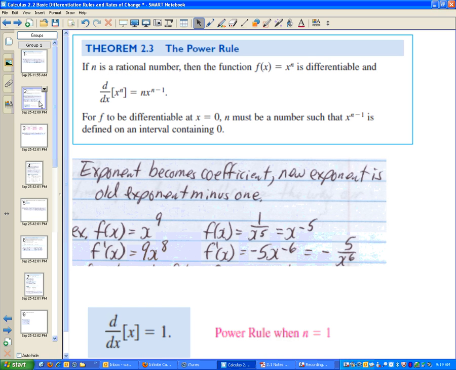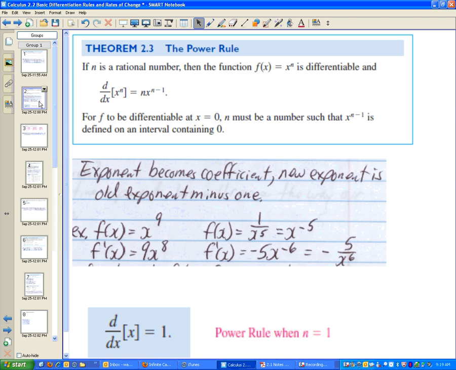Let's try another one called the power rule. Power rule looks intimidating. It says if n is a rational number, and by the way, we'll revise the power rule a couple times during the year, and eventually n can be any real number, then the function f of x equals x to the n is differentiable, and the derivative of x to the n equals n times x to the n minus 1.